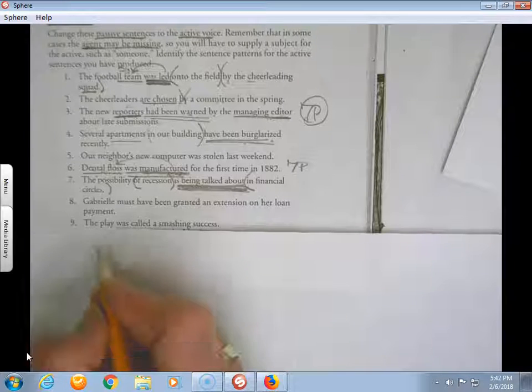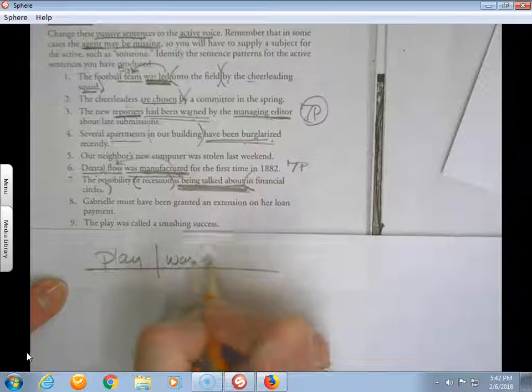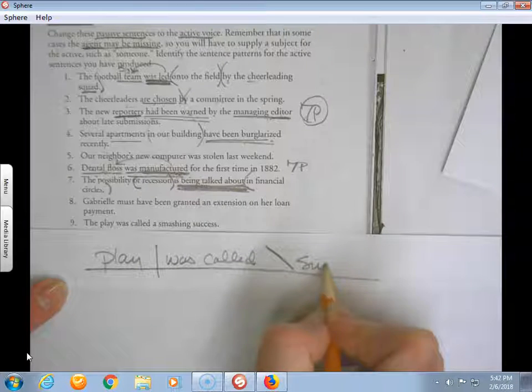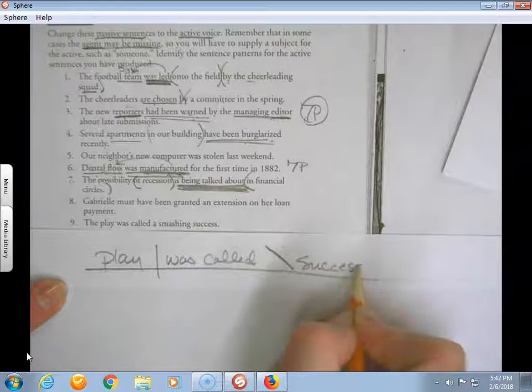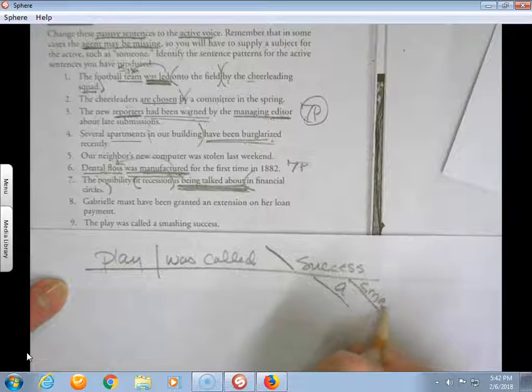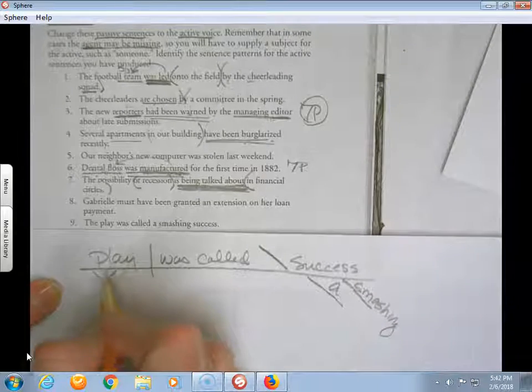Number 9, the play was called a smashing success. Play was called to be success, or called as success, right? A success, smashing success. On the board, yes, okay. The play.